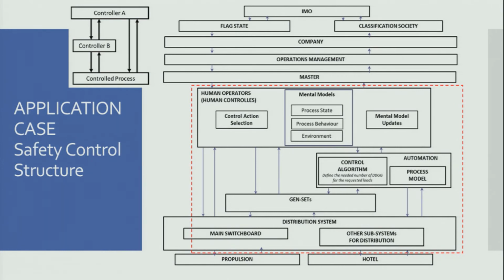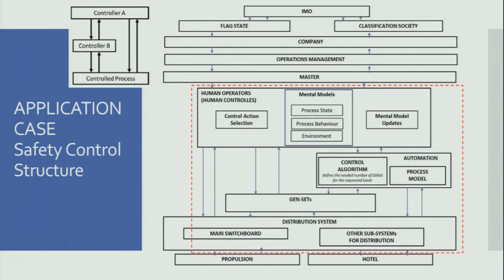the very big one, because I want to point out that it is possible to put in evidence also socio-organizational issues. In principle, here we have the ship, the master, and then the operation management within the company, the flag state, the classification society, the IMO.